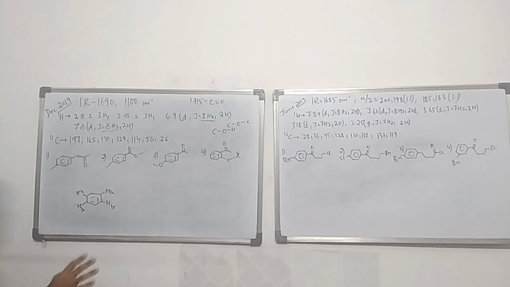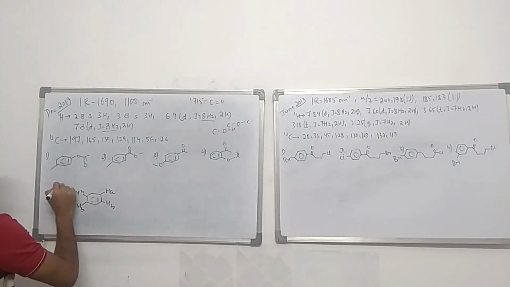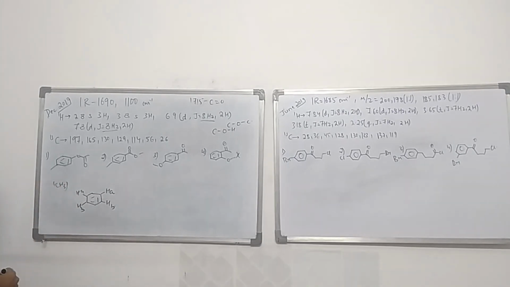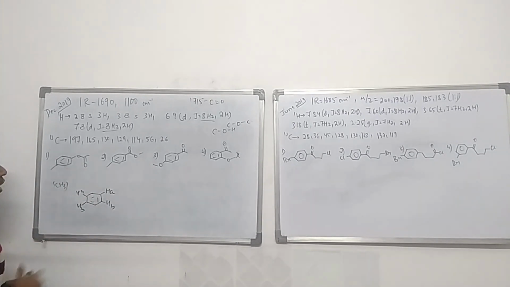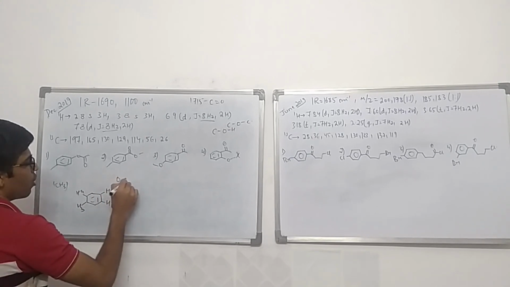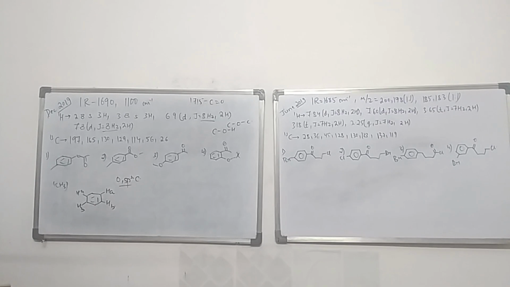Now there is a singlet at 2.8 and a singlet at 3.8. So that means you expect that one of the CH3 groups is attached to a less electronegative group and one of the CH3 groups is attached to a more electronegative group. Now in this case, if you look at these three structures, those electronegative attachments can be either oxygen or sp2 carbon.